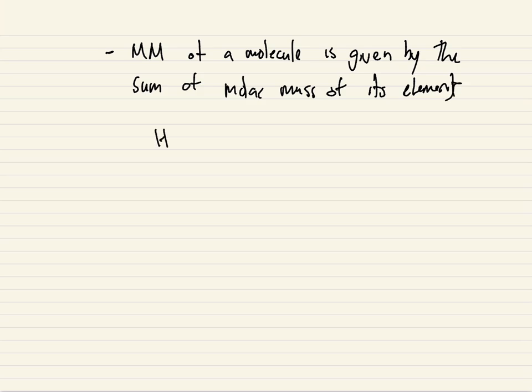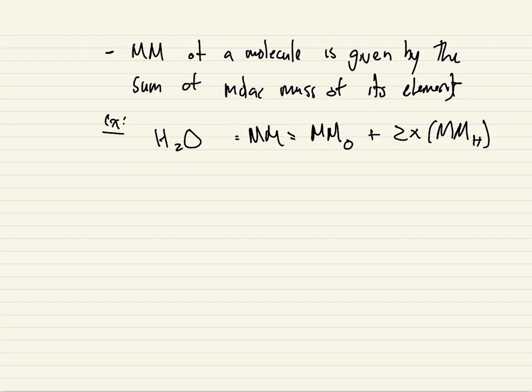So for example, if we have H2O, the molar mass is equal to the molar mass of oxygen plus 2 times the molar mass of hydrogen, right? Because we have 2 hydrogens in this molecule and 1 oxygen.